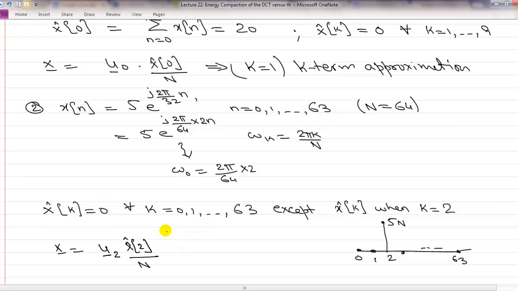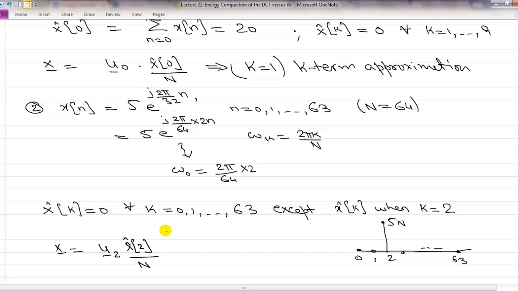So again, in this case, your signal is very well represented by simply using one column of your transform or one transform coefficient. The terms are interchangeable. I can say you use one column or you use one transform coefficient. Right? So this is again a k equal to one term approximation.